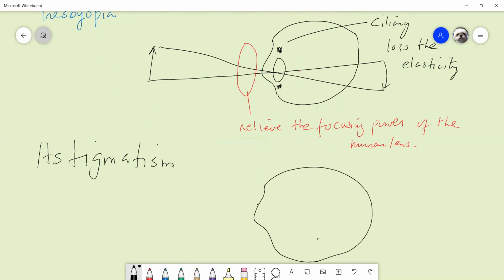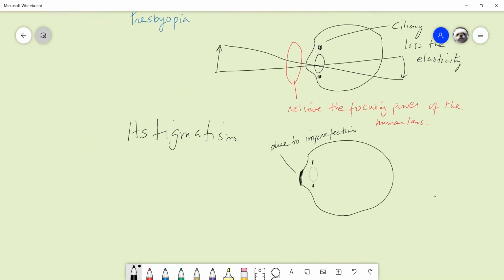Astigmatism is caused by the cornea due to imperfection, or it is not a spherical shape. You got it? Now, the way you correct astigmatism, you use a different type of lens, cylindrical. Now, I'm going to show you the last picture before we call it off.